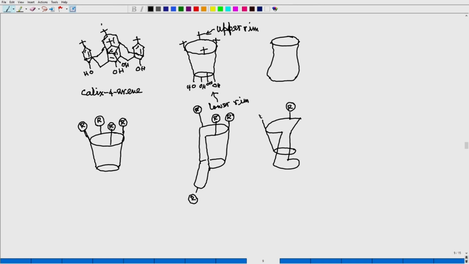R, R, and then R, R. This is called 1,2 alternate.